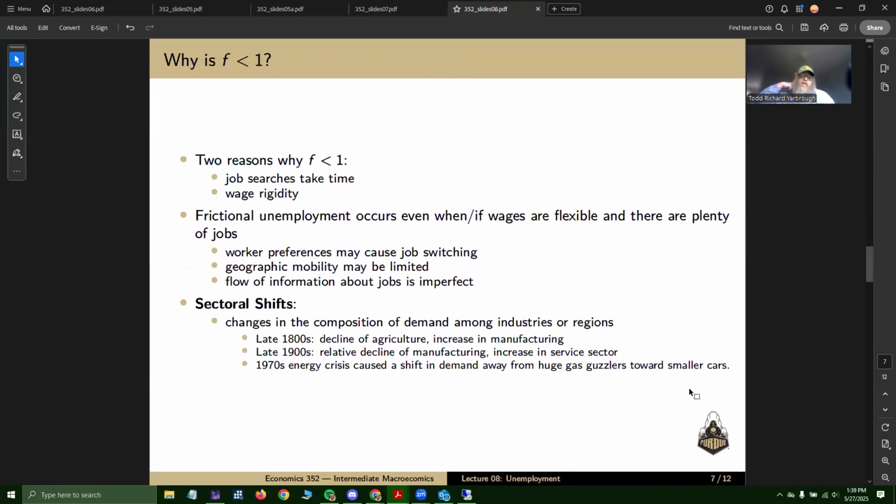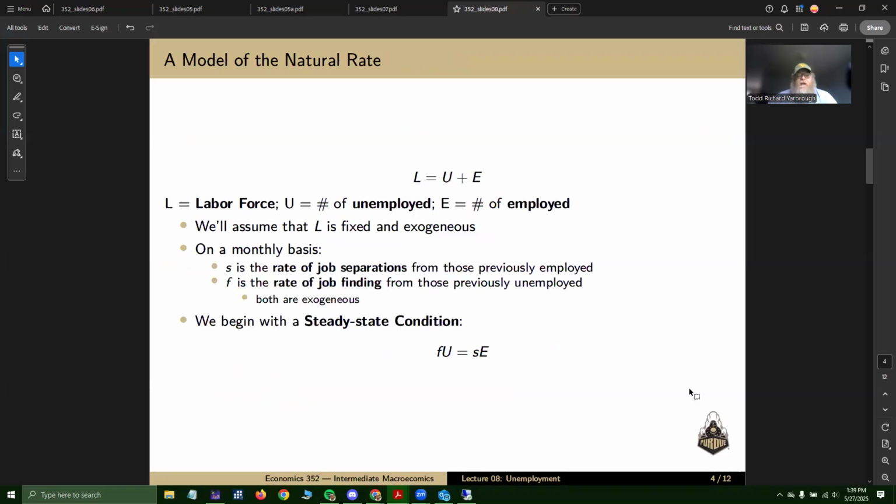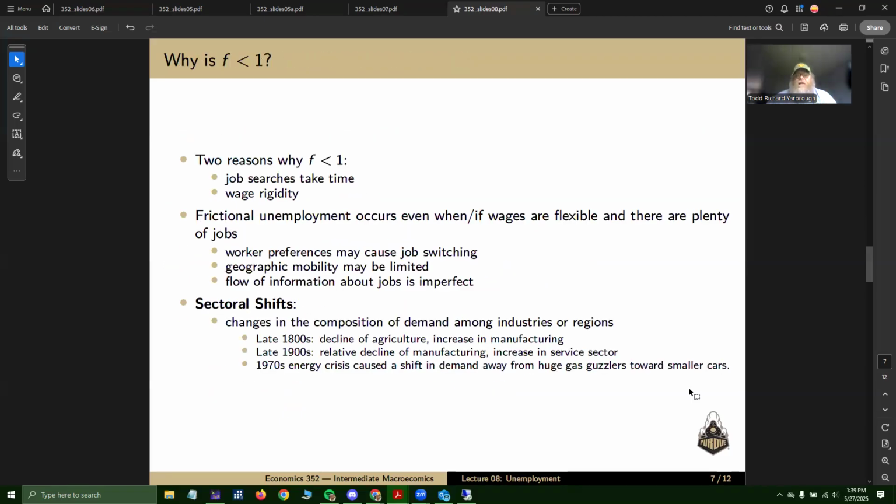Now, one of the main assumptions that we make in this particular model is that F is less than one, that the rate of job finding is less than one. I mentioned that we're going to start talking more about these rigidities, and rigidities play a really important role in the Keynesian idea.